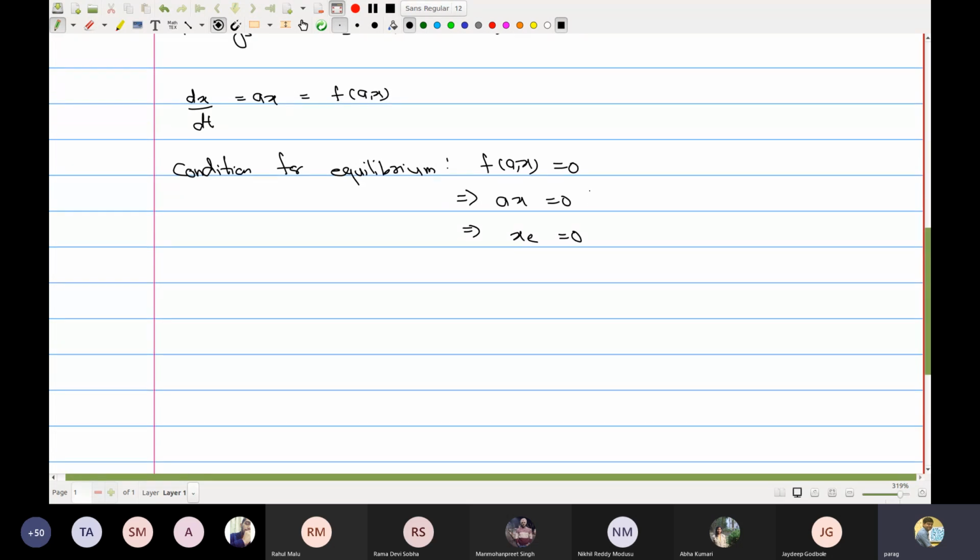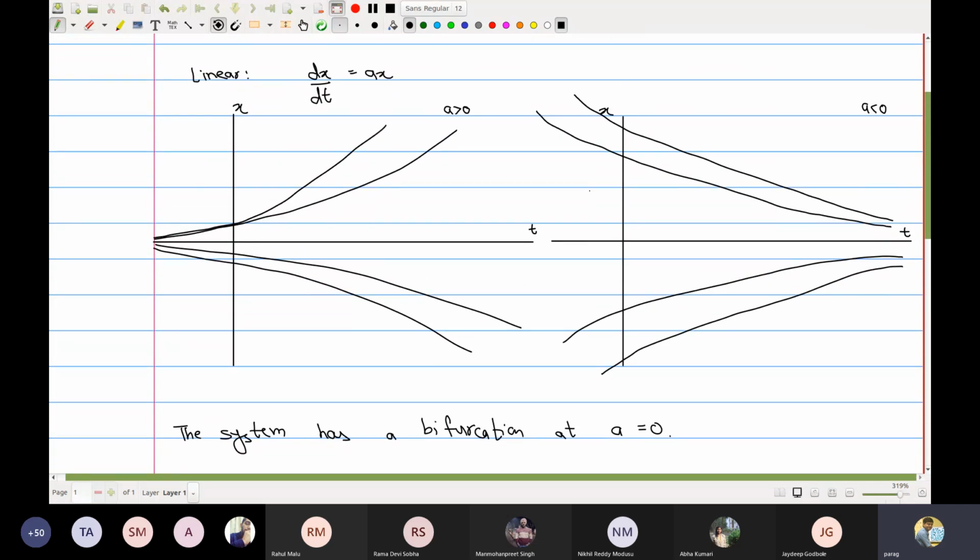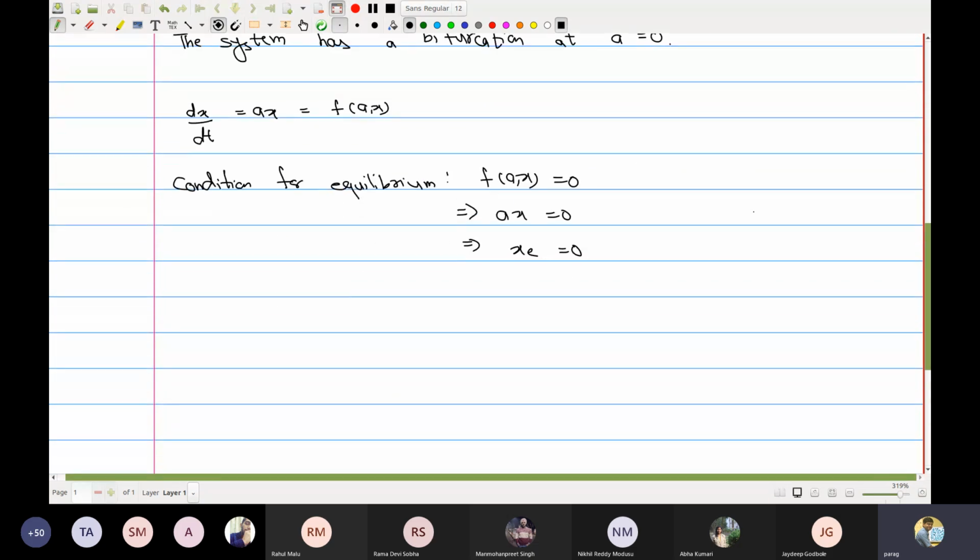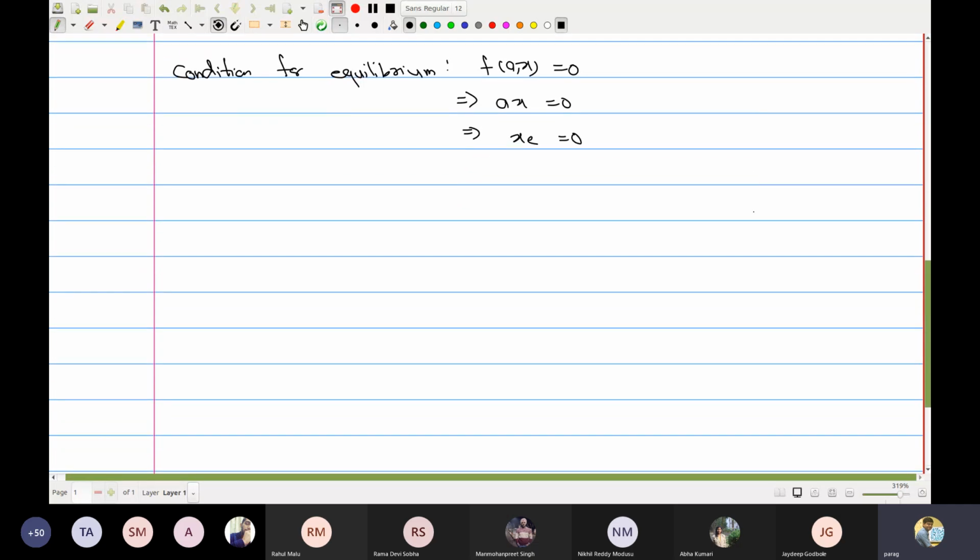And this is what we also saw in both the cases. x equilibrium is 0, x equilibrium is 0. One is stable, another is unstable. The first one is unstable, the second one is stable, right? Now, what is the condition for bifurcation?